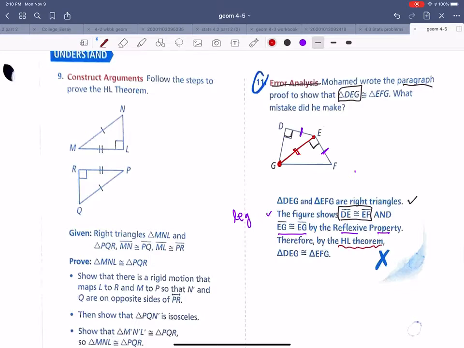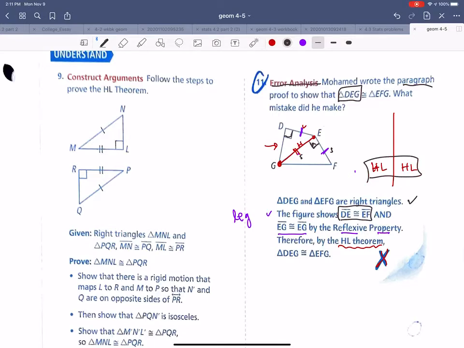And then therefore HL, but yet that's a mistake. It does kind of look like HL, but hold on. This is the hypotenuse of this triangle. The problem here is this is the hypotenuse of the second triangle, and there isn't information to know that they match. Remember that if you're matching, it's got to spell HL on both triangles. So this one spells HL, but this one spells side, angle, side, and those don't match up.